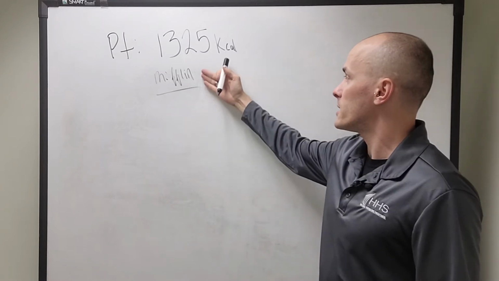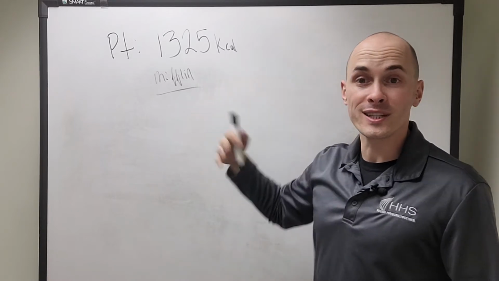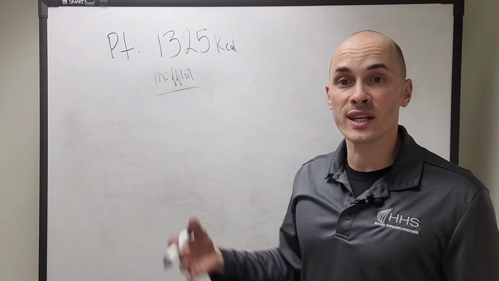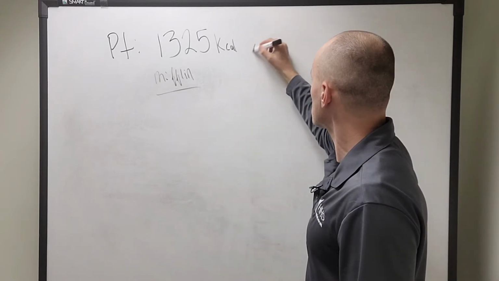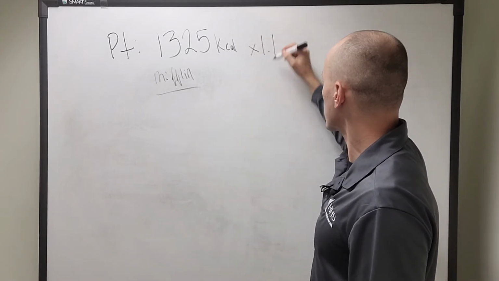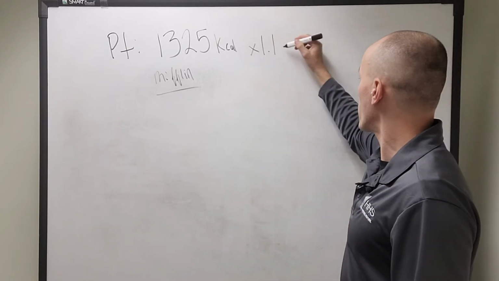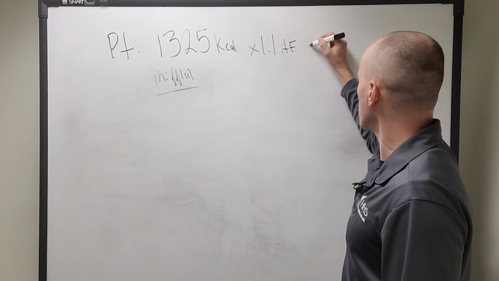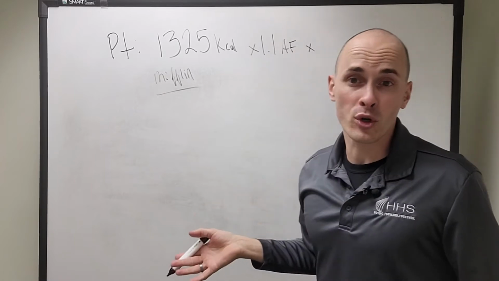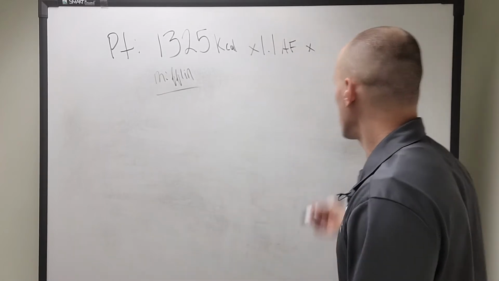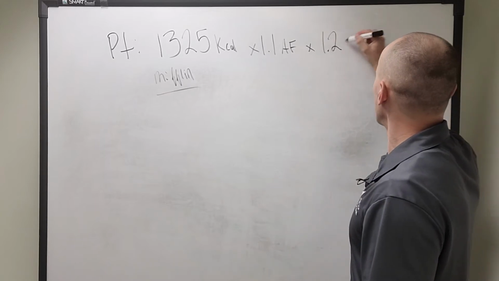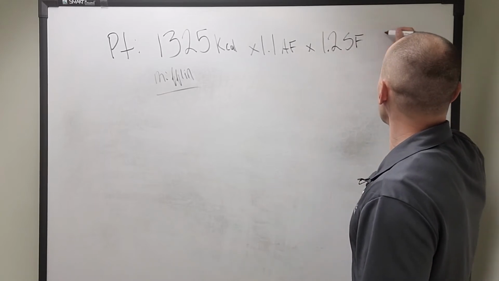Now, the Mifflin equation needs a stress and activity factor. So let's just say she's working a little bit with PT, but not particularly active, a 1.1 activity factor, and she's got a couple bumps and bruises, but otherwise no surgery or anything, a 1.2 stress factor.